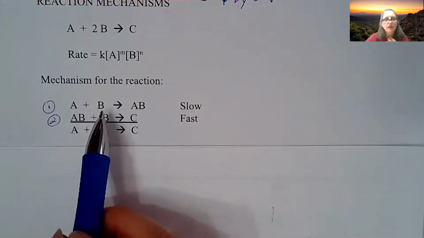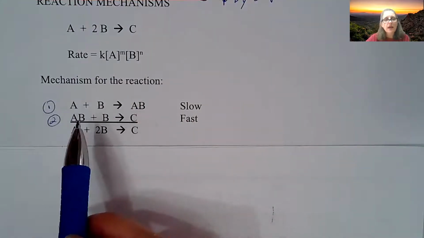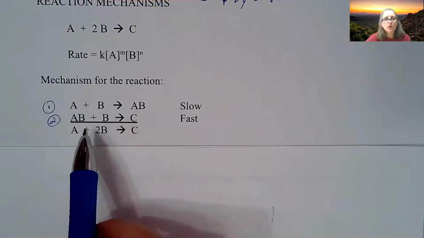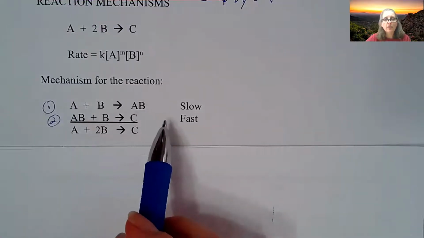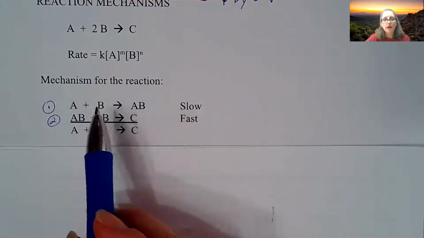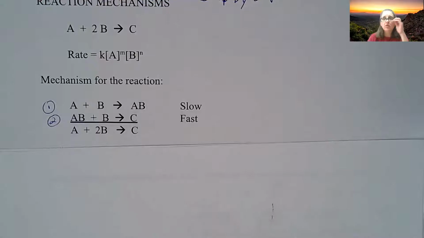A gets together with B to make AB, and then AB gets together with another B to make C. For this mechanism, you might have what I call a slow or a fast step, meaning in any situation, there's always some step that is going to impede your progress in any production that you have.